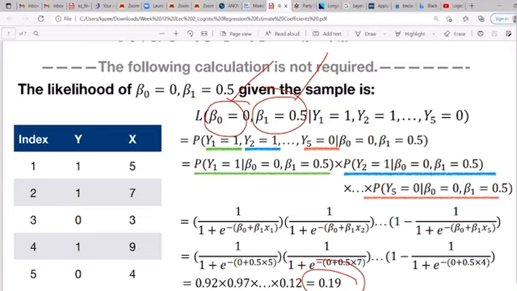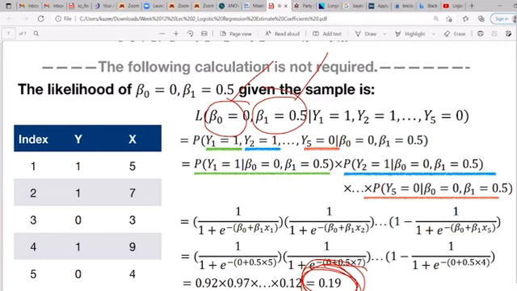Right now, the likelihood value we have here is 0.19 when we have beta naught equal to 0 and beta 1 equal to 0.5. So we're still going to continue to choose different values of beta naught and beta 1, and in the process, we're going to be computing the likelihood. At the end of the day, when we have considered the possible values of beta naught and beta 1, we're going to compare the likelihoods that come out of that, and choose the values of beta naught and beta 1 that give us the maximum likelihood.